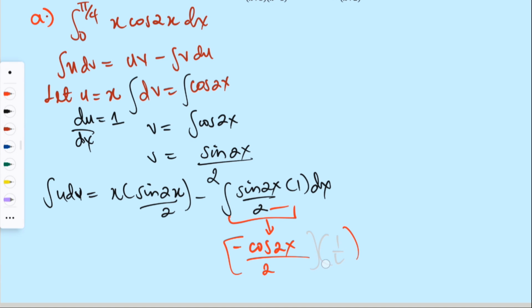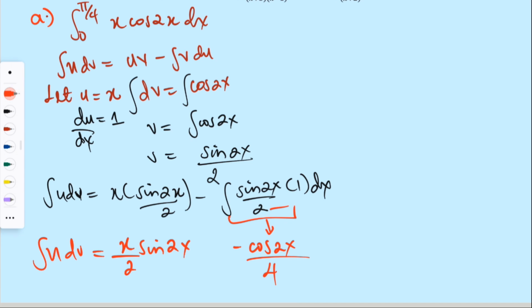Which practically gives me 4. So at the bottom, I should have a 4. And then here, I'll have x over 2 sine 2x. Okay, so then the integral of u dv is equal to this value.